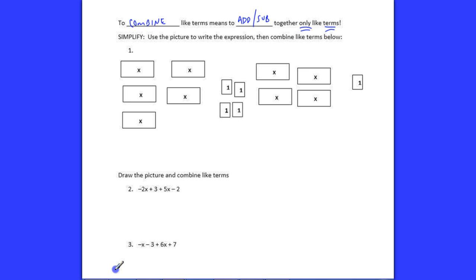That is a really important concept that you have to learn, and it is easy to get confused by until you really understand what is going on here. So, to combine like terms, that's what we're going to focus on today. It means to simplify. Part of simplifying means you combine your like terms together.